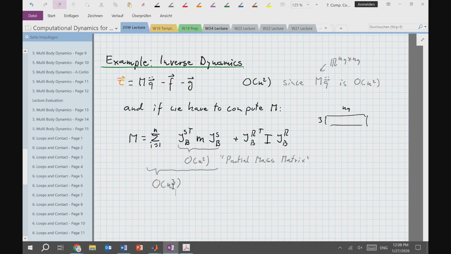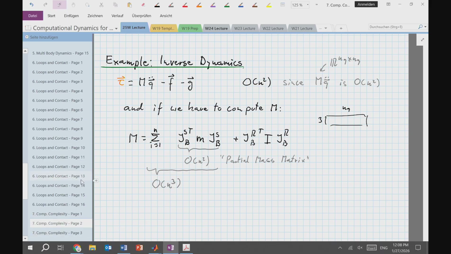Can we do it without writing a mass matrix and do it in linear time, order n? Who would believe that that's possible? You don't believe me. Dynamic programming. I don't think that will help with the scaling.